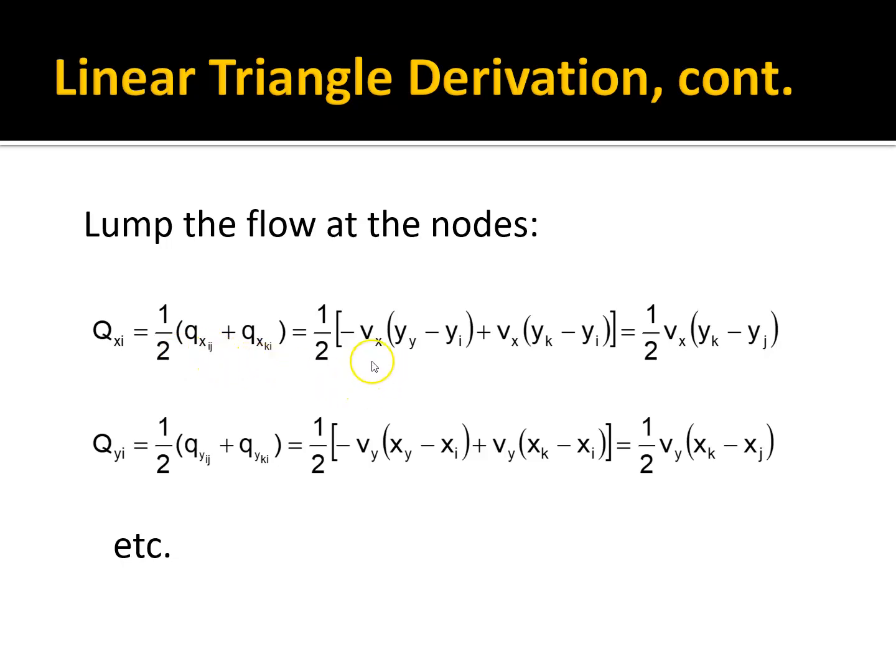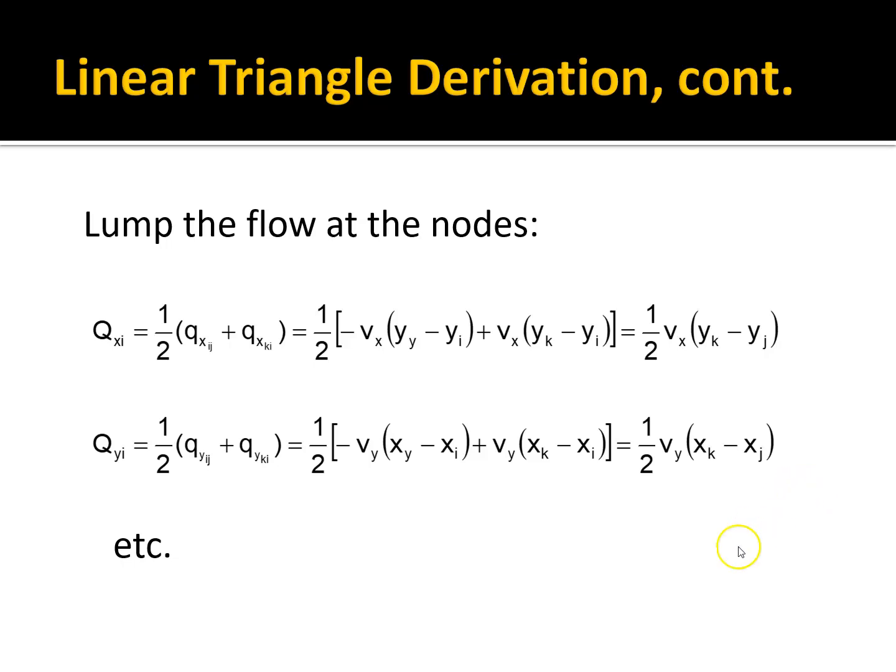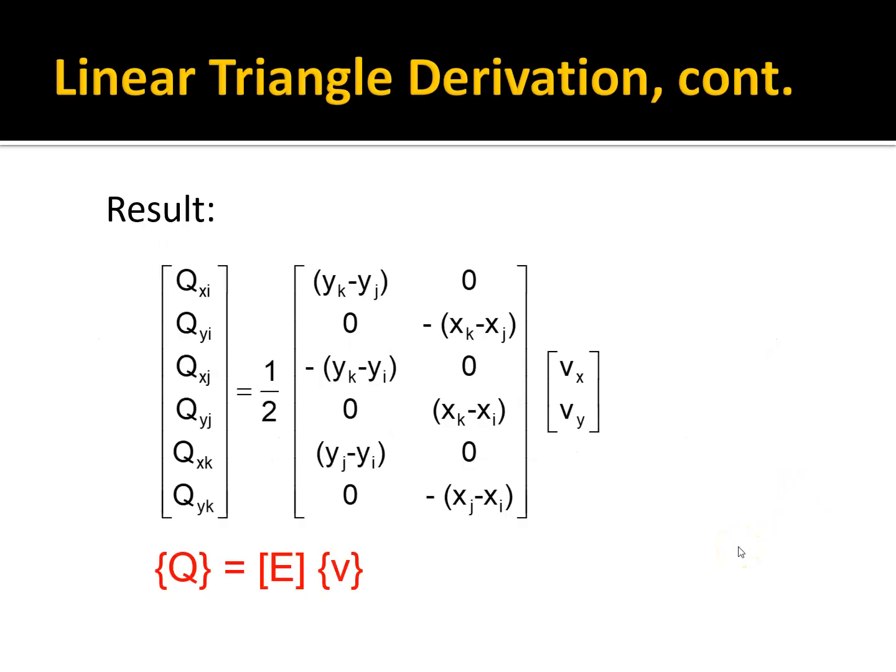If you combine those terms, you end up with 1/2 Vx times yk minus yi. And likewise, qyi, the flow here in the y direction, is 1/2 of this plus 1/2 of this. We add those up and get this expression, and we continue to do that for all of these, and we get this matrix relating Q to V.